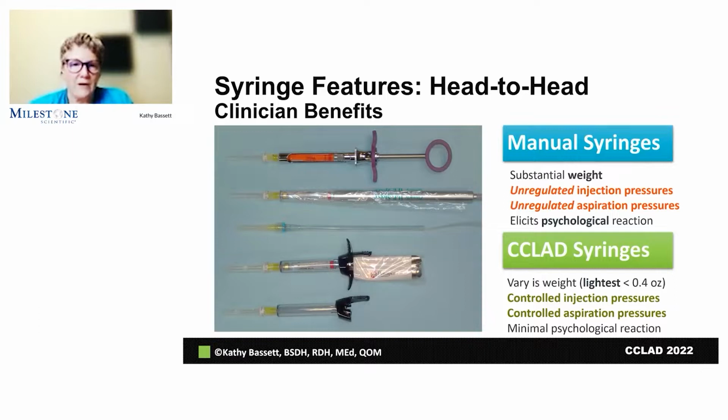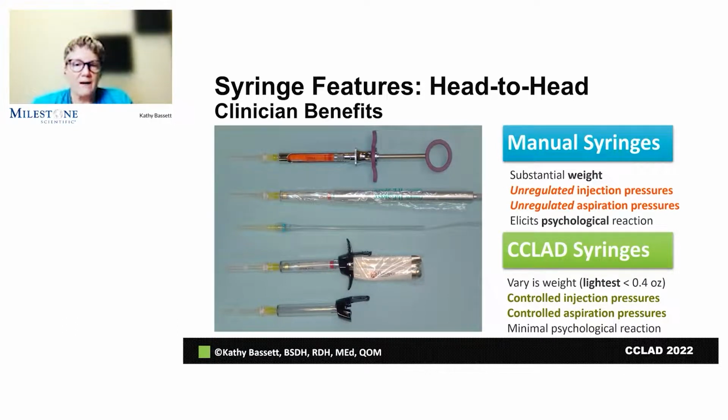When you look at all of these devices that we have available to us, conventional syringe on the top, conventional syringes have a substantial weight to them. They have unregulated injection pressures, unregulated aspiration pressures, and they elicit a psychological reaction for many patients when they see you approaching with those devices. CCLAD devices, on the other hand, are going to fall to a similar weight or less.